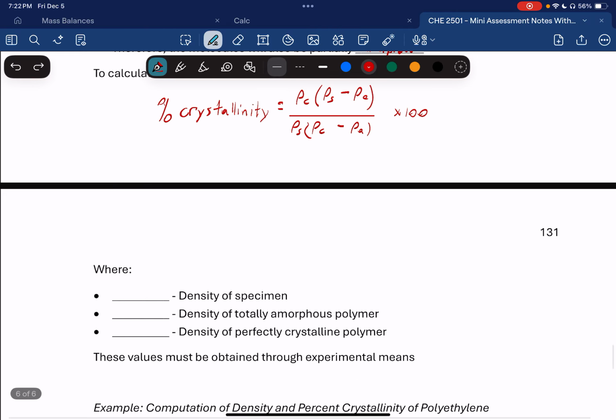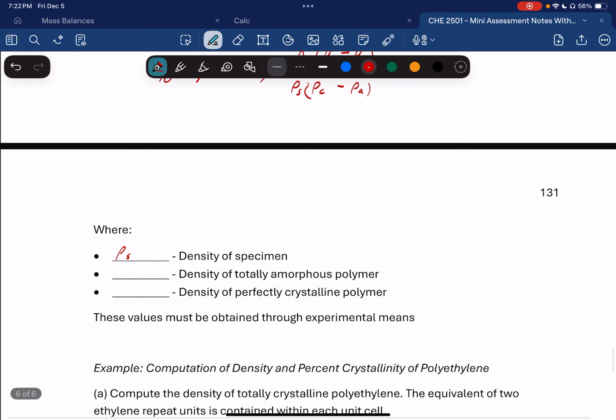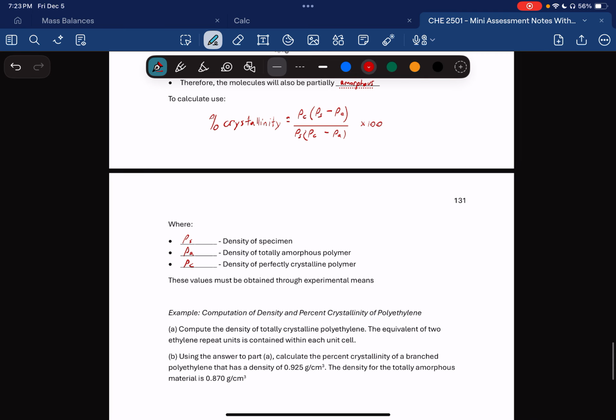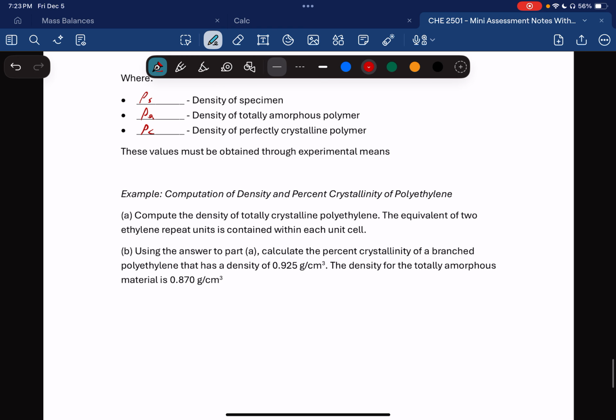And this is where PS is the density of the specimen, PA, density of the totally amorphous polymer, and then PC is the density of the crystalline polymer. So these values must be obtained through experimental means. We're not going to figure out how to find them. We're just going to do this example down here where they are given to us.